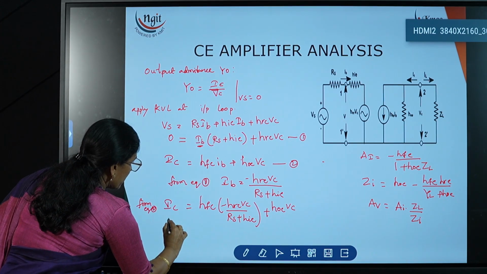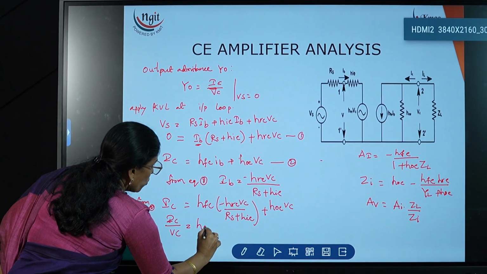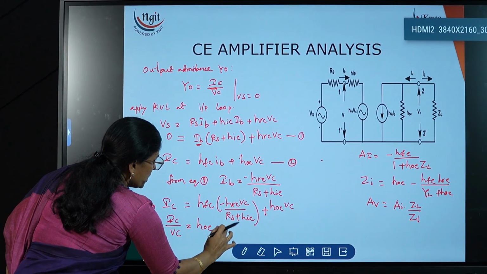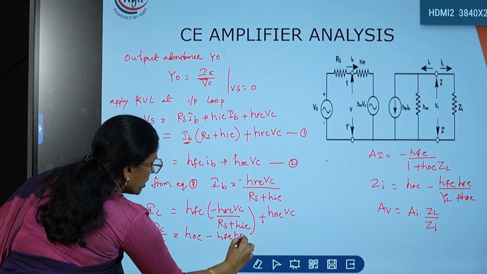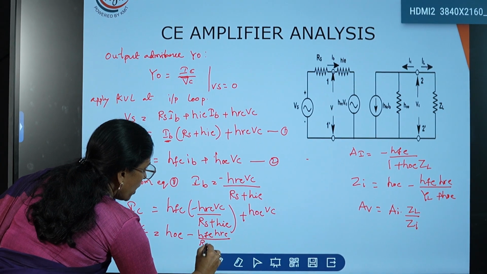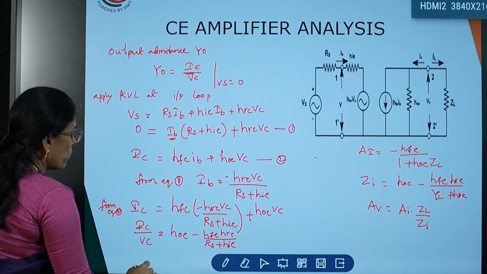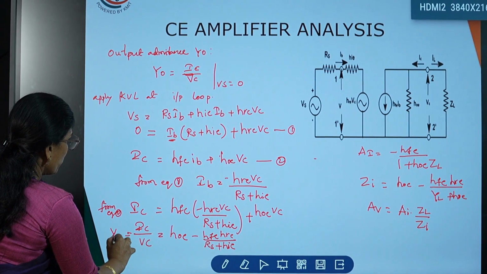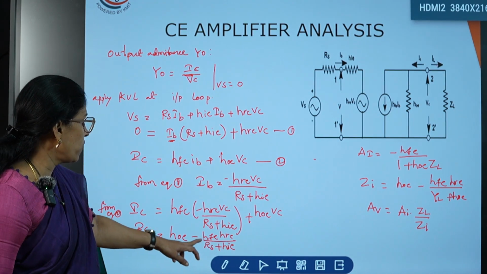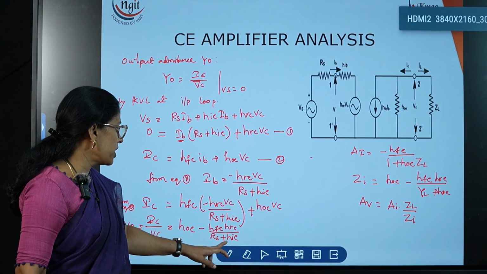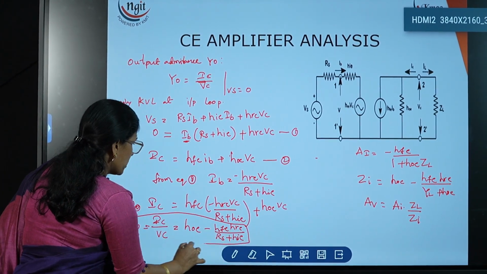IC divided by VC is equal to HOE minus HFE HRE divided by RS plus HIE. This is nothing but an admittance, Y naught. So Y naught is equal to HOE minus HFE HRE divided by RS plus HIE. This is the expression for the output admittance.